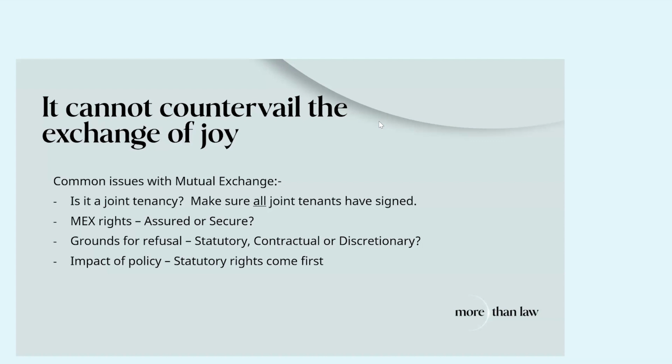I just had a query going back to the issue of assignment. It says, does an occupation order mean that a landlord has to transfer a tenancy into a sole tenant victim's name, or is it only a transfer of tenancy that allows this to happen? I would say the latter. An occupation order is just saying someone has to get out and they have to let the applicant in.